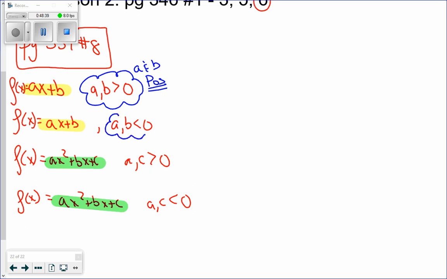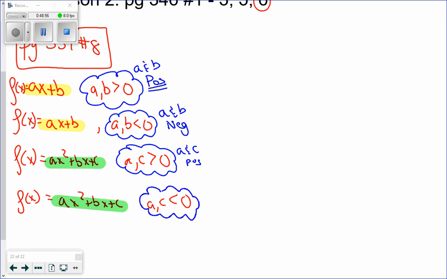A, B less than 0 means A and B have to both be negative. A, C greater than 0 means that A and C are positive. A, C less than 0 means A and C are negative.